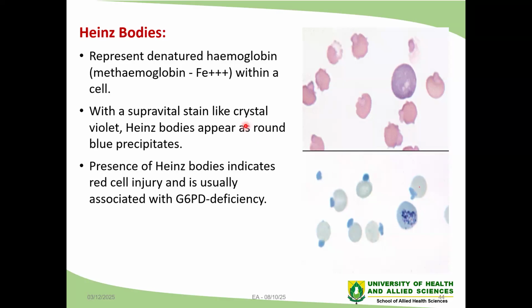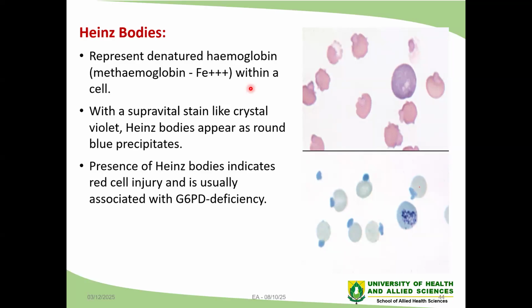You may use some examples of supravital stains such as crystal violet, as well as new methylene blue, to do that. And then the Heinz bodies will appear as some round blue precipitates.